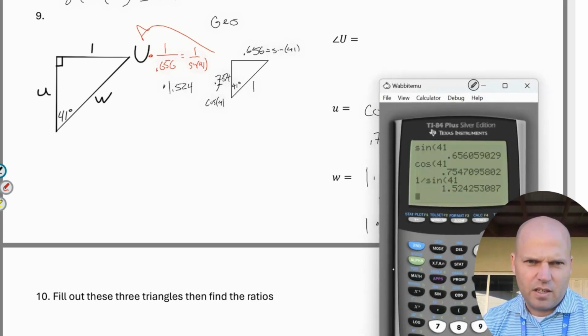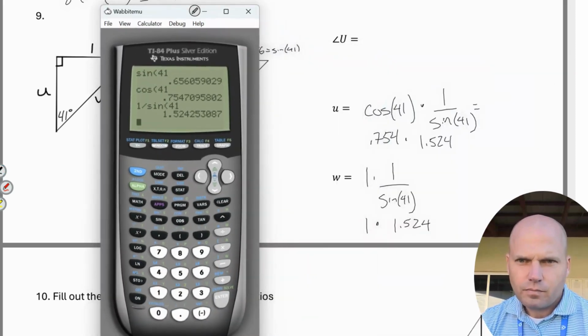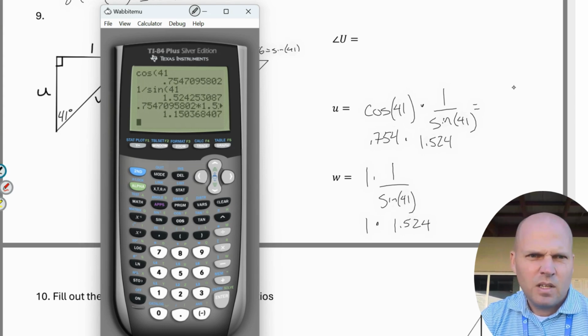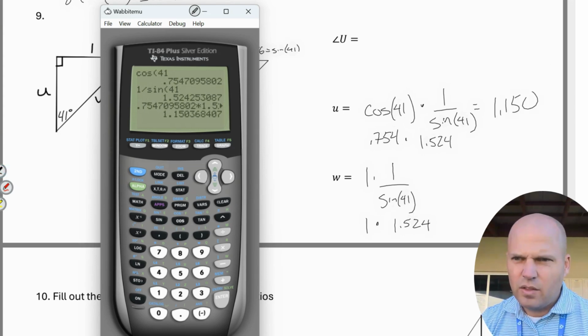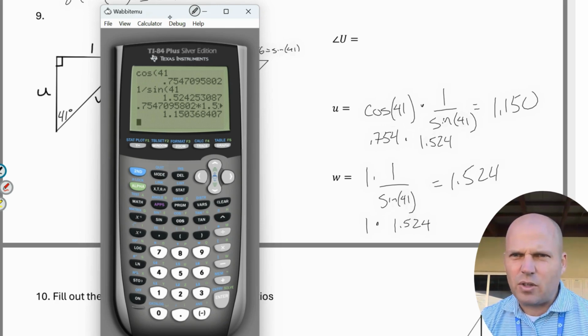And you would have gotten 0.754. This number times this number would have been U, 1.150. And then this number is W, 1.524.